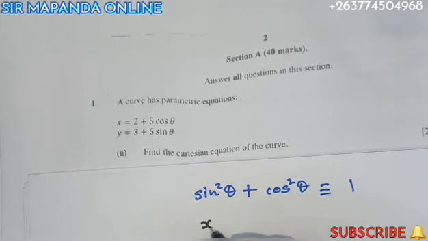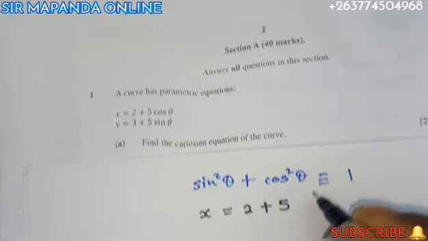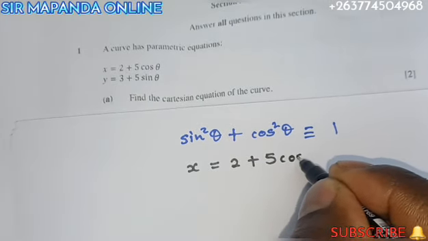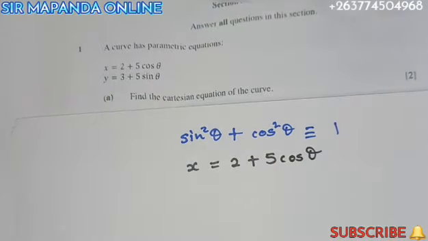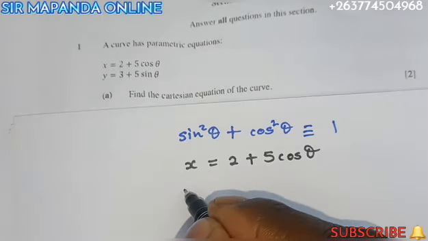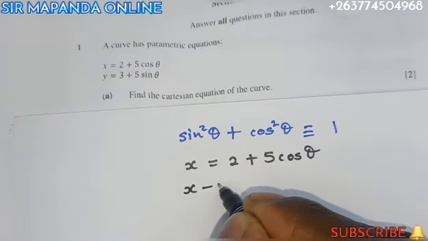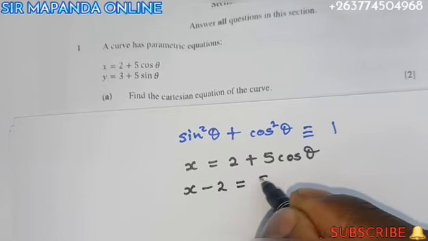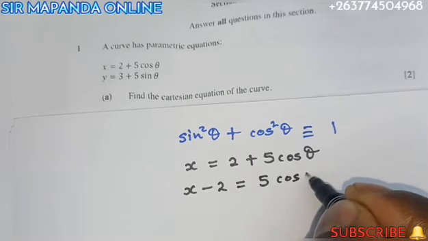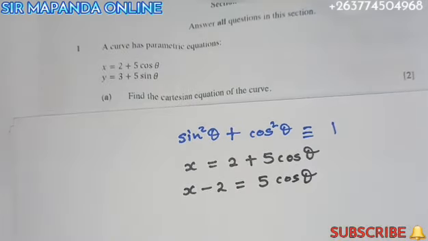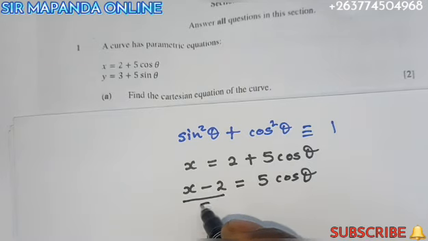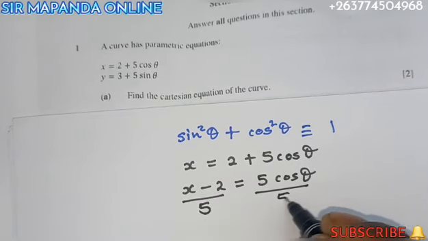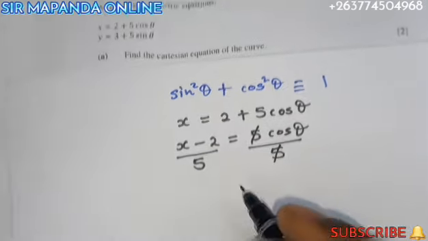Remember, you are given x is equal to 2 plus 5 cos theta. Moving 2 to the left, you get x minus 2 is equal to 5 cos theta. Then you divide both sides by 5 so as to make cos theta the subject of the formula.